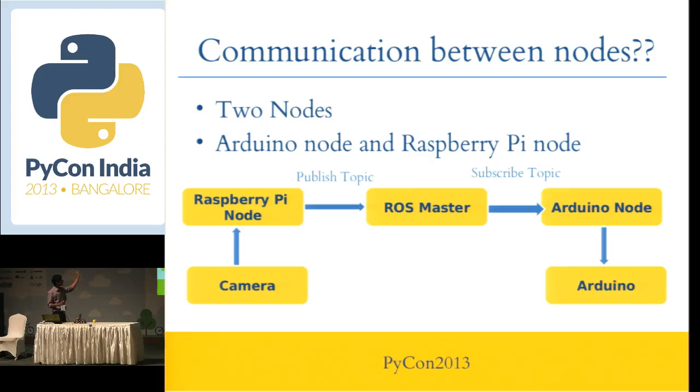That signal will be published to the ROS master under some name, maybe ball track. So the Arduino node can subscribe to ball track, receive the same value, process it, and then send it to the Arduino. This is the flow.